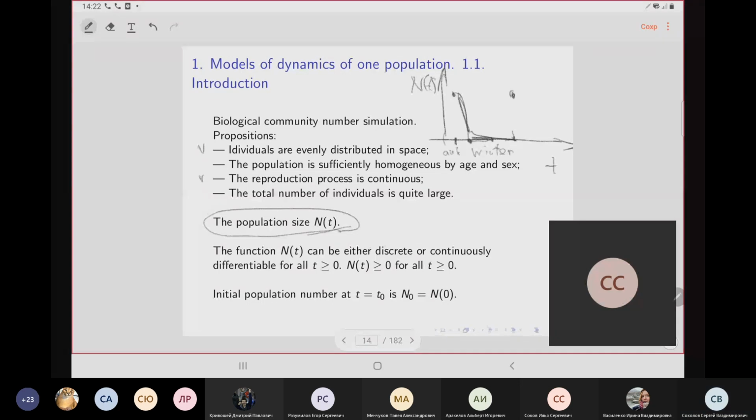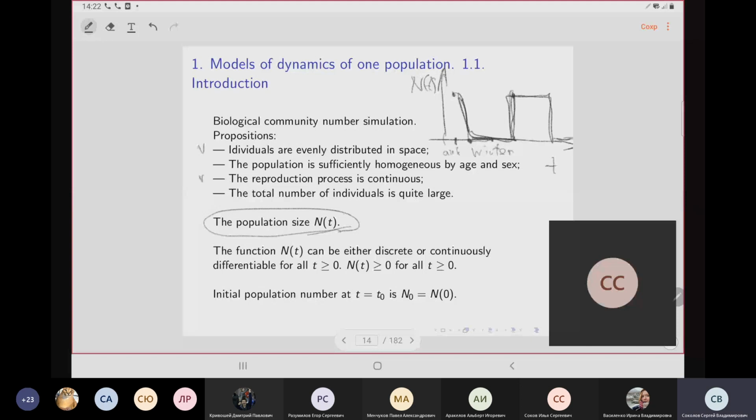So the plot will be like this. For sure, it is absolutely impossible to use smooth functions because of this non-smooth shape.